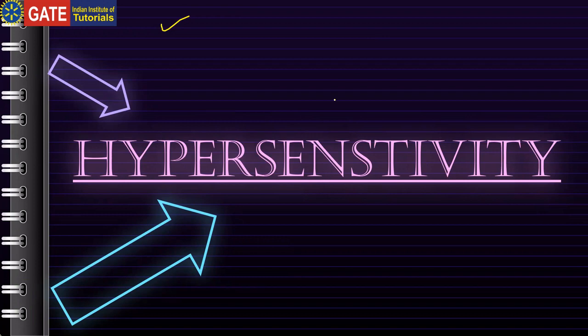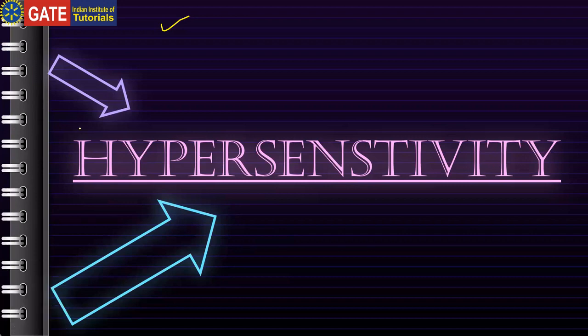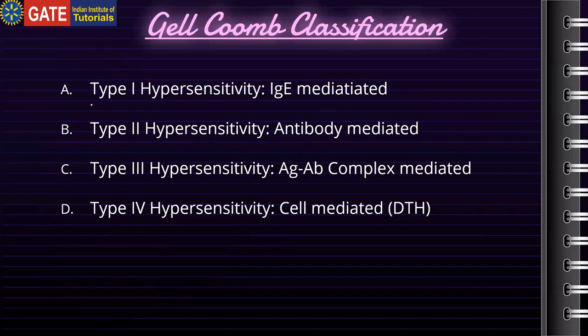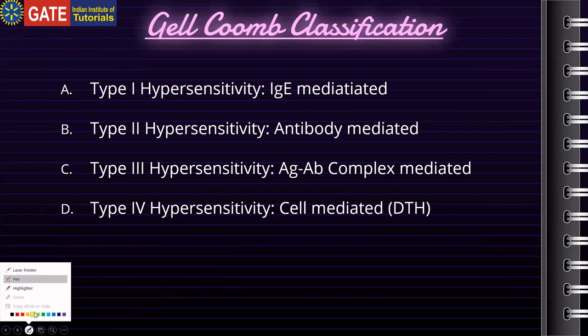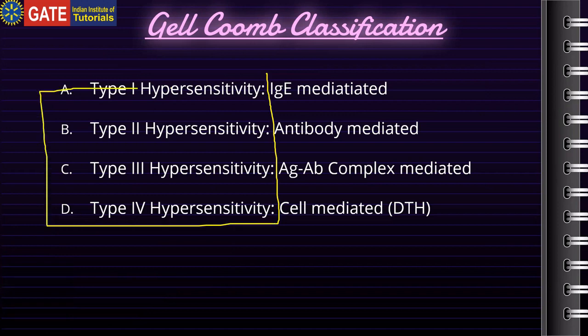If everyone quickly recalls, in the last class we started discussing hypersensitivity, right? We understand that there are four types of hypersensitivities, and we discussed it till this particular slide. Once again, I'm reminding all of you, please remember what hypersensitivities are caused by.